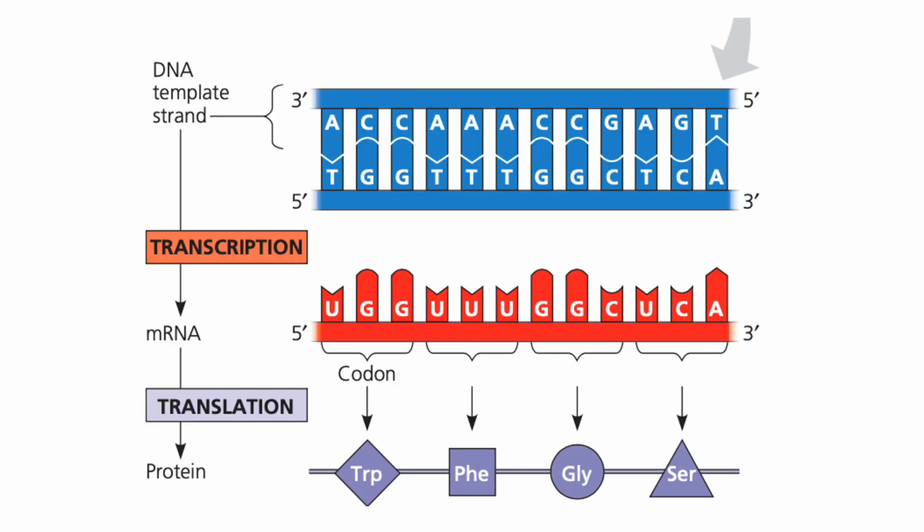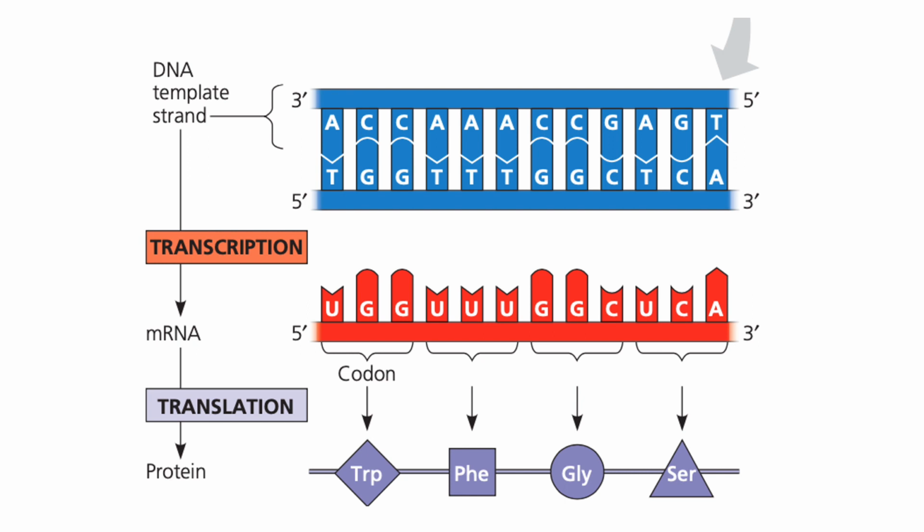We have here an illustration of the triplet code. During transcription, one of the 2 DNA strands, called the template strand, provides a template for ordering the sequence of complementary nucleotides in an RNA transcript. The template strand, by the way, is always the same strand for a given gene.